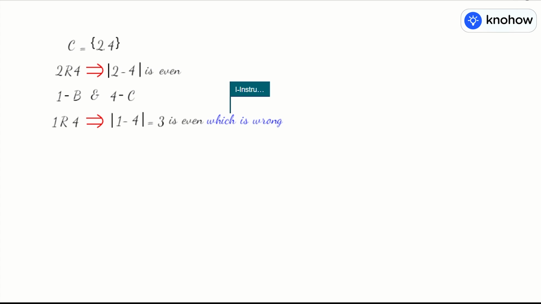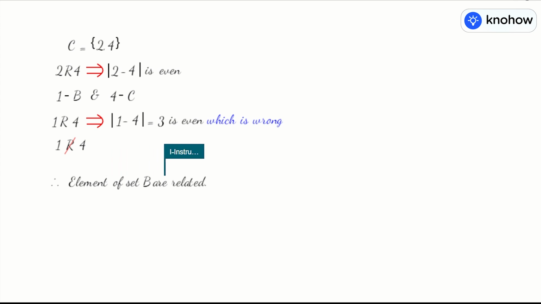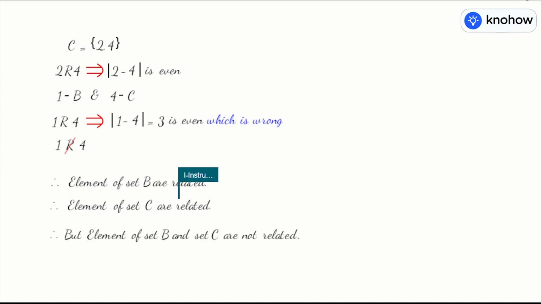So we say 1 is not related to 4. So what do you conclude? That all the elements of set B, say 1, 3, 5 are related to each other. That of C, that is 2, 4, related to each other. But if we take an element from set B and another from C, they are not related. So that's what we have to prove.